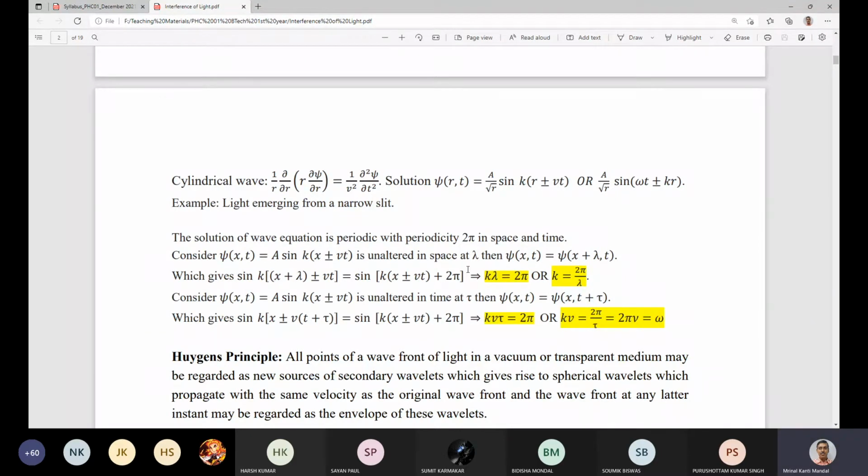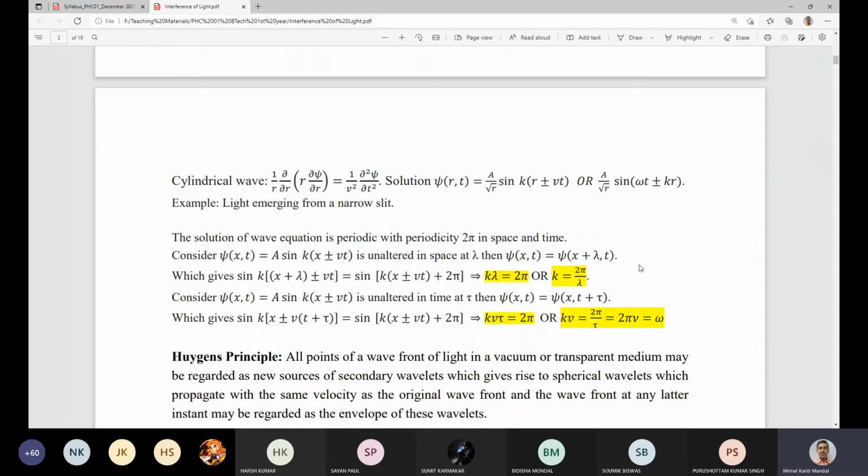We assume that its periodicity is lambda in space, so we can represent that psi x t is equal to psi x plus lambda t. That means the particle vibrating at position x and the particle vibrating at position x plus lambda are in the same phase, right? So it looks alike at these two positions, x and x plus lambda in space.